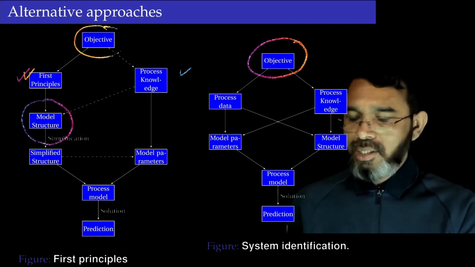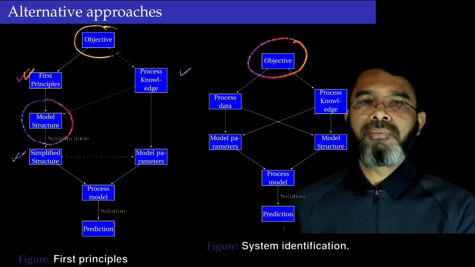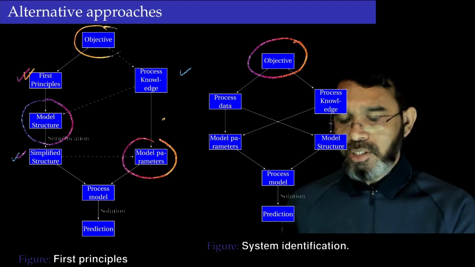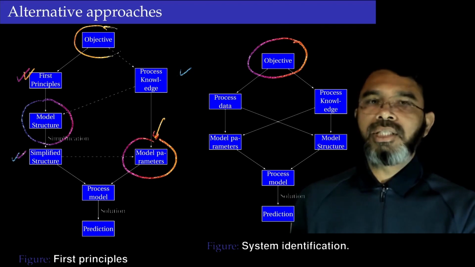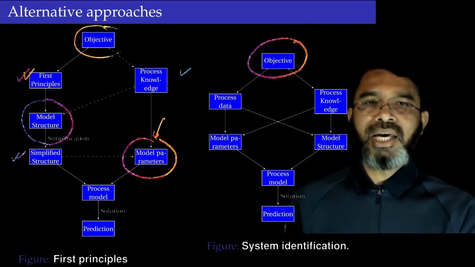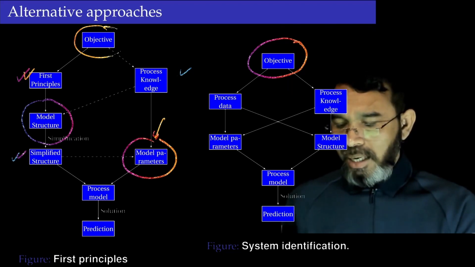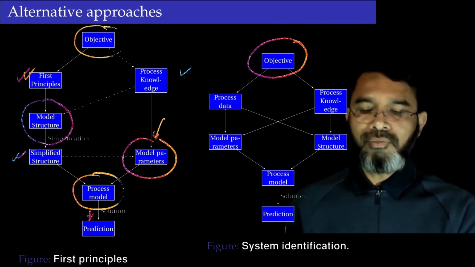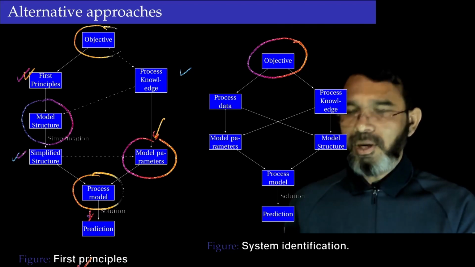Sometimes we need to simplify the model to obtain a simplified structure. And we get the model parameters from process knowledge. And the simplified model structure is used to develop model parameters using process characteristic parameters. Now both together give the process model, and from there we can get the prediction and we can use it for validation. So this is the first principle approach in summary.